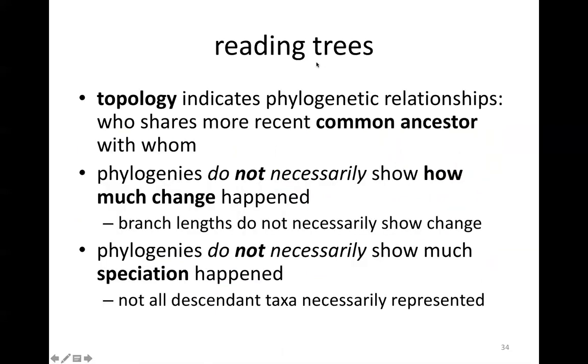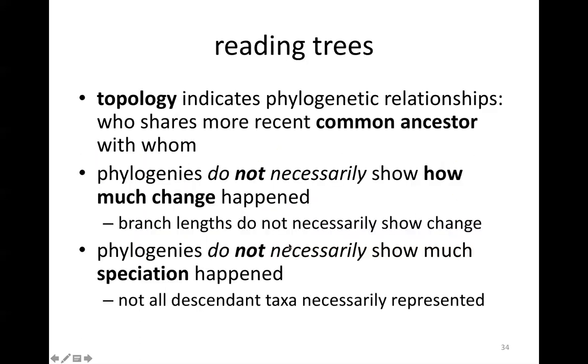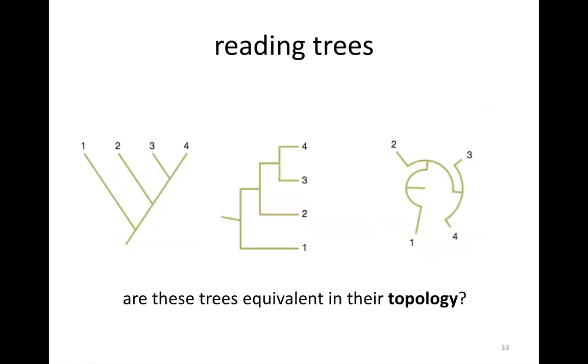So the topology, that is this branching structure here, indicates the relationships, who shares more recent common ancestry with whom. They don't necessarily show how much change happened, so this is a confusion I frequently encounter.